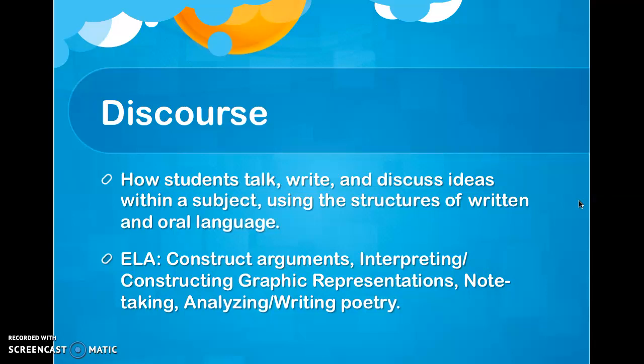It could be through the ways they interpret and construct graphic representations, or when they take Cornell notes on lessons, lectures, or readings, and the ways they analyze and write their poetry.